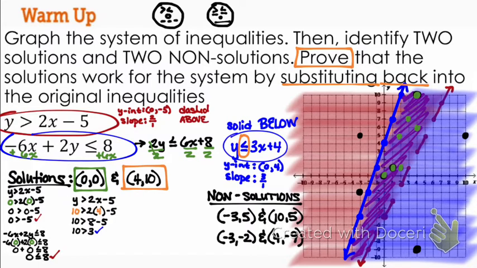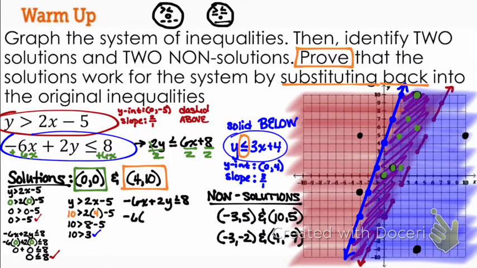All right, we're going to check our other inequality now. Negative 6x plus 2y is less than or equal to 8. What are we putting in for x again? 4 goes in for x. What are we putting in for y? 10. What's negative 6 times 4?